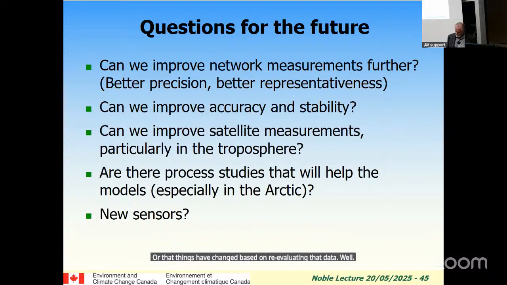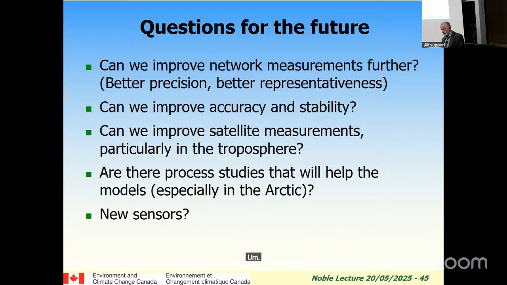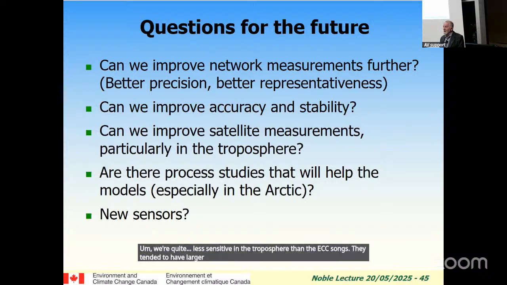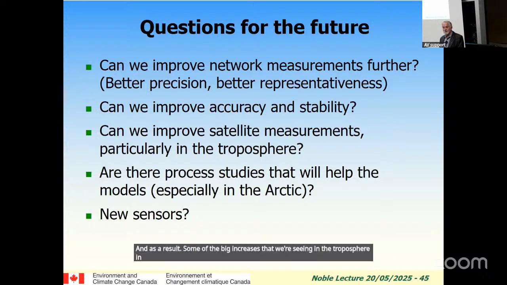Well, one of the things we discovered was that the Brewer mast sondes, which we used in Canada until 1980, the older type, were quite less sensitive in the troposphere than the ECC sondes. They tended to have larger losses. And as a result, some of the big increases that we're seeing in the troposphere in the 1970s are probably instrument-based.